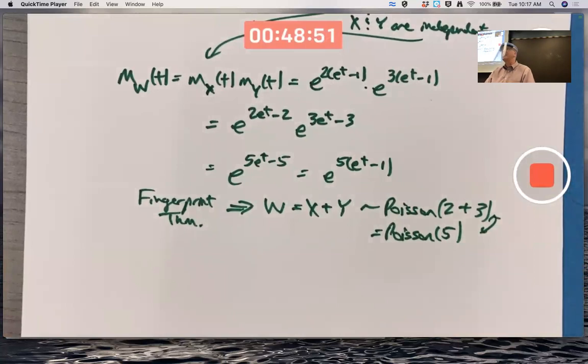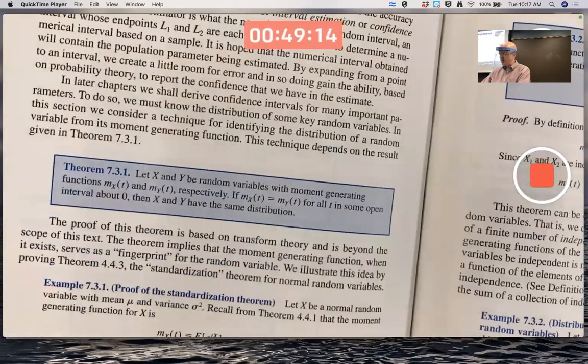So yeah, once you've got the theorems in chapter 7, the moment generating function technique is easier. Though I will say proving the fingerprint theorem is no piece of cake. The book doesn't even bother proving it at all, not even in the appendix. It's pretty advanced math to prove the fingerprint theorem. Proof is based on transform theory.